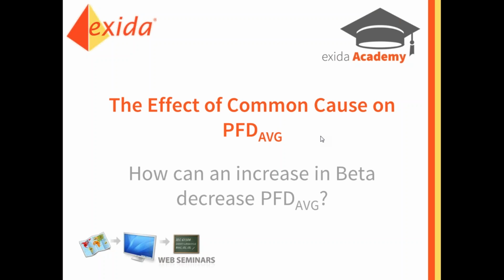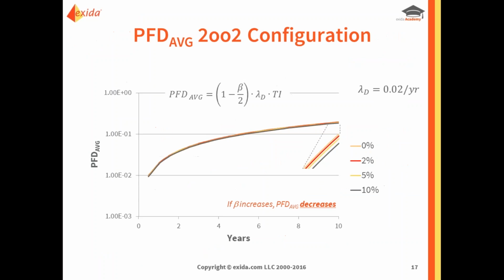There's a question here that says, well, 2 out of 3 is designed to protect against both spurious failures and to improve safety. So how does beta affect this? Well, we can see that from the equations. So let's go back to the equations real quick.